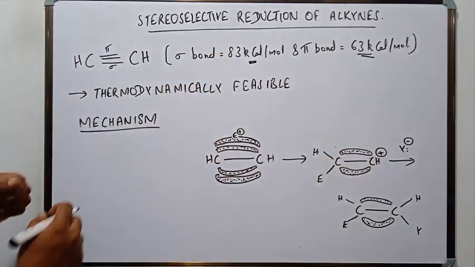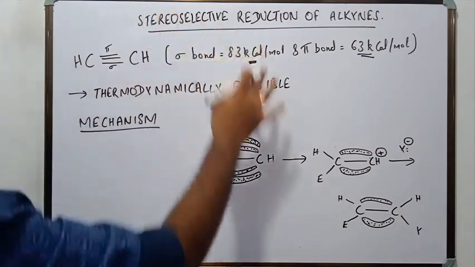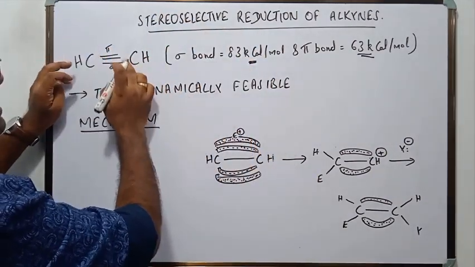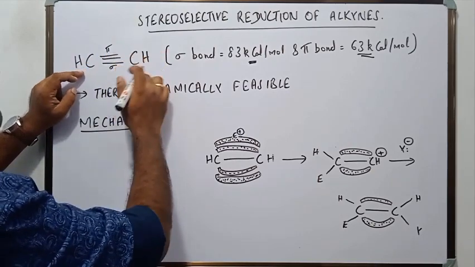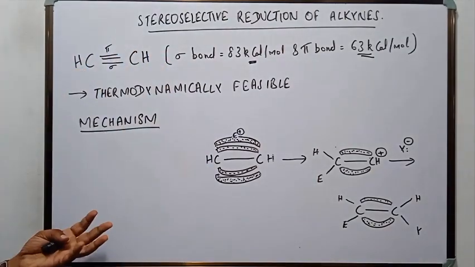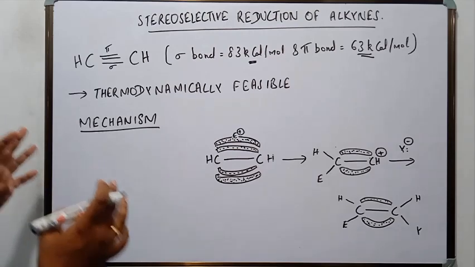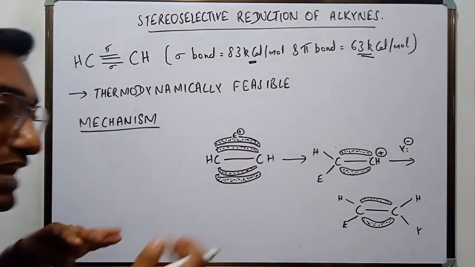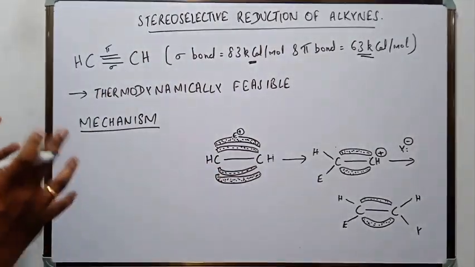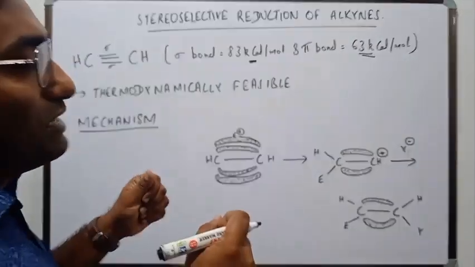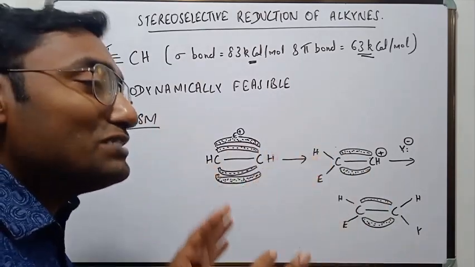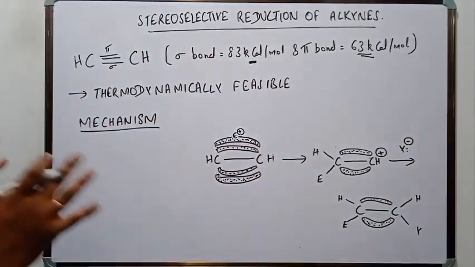So therefore it is thermodynamically feasible if one pi bond breaks and 2 sigma bonds with hydrogen form. Right? So the formation of alkene from alkyne and the formation of alkane from alkene is a thermodynamically feasible process, because in this process more energy is released and more stability is obtained in the molecule.